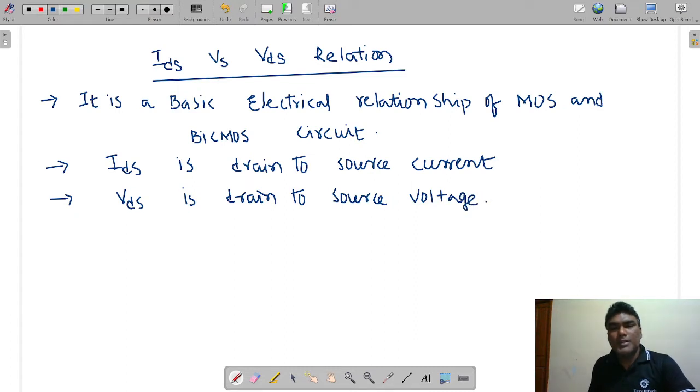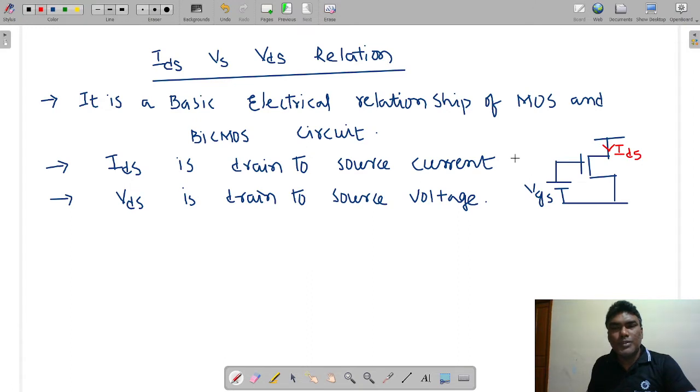Let us see this in a circuit symbol, then we can see the figure representation. Let us take an NMOS transistor. If you are applying an external voltage, this is VGS, and the channel is established, so there is a current flow from drain to source.